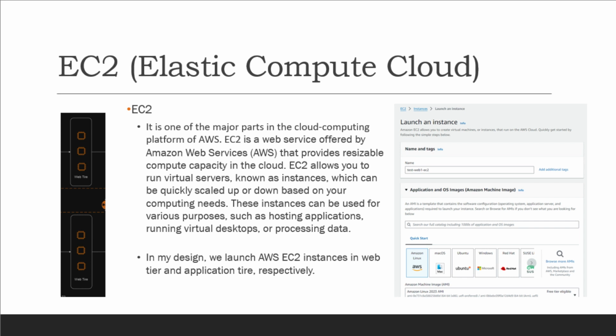These instances can be used for various purposes, such as hosting applications, running virtual desktops, or processing data. In this design, we launch AWS EC2 instances in the web tier and application tier, respectively.